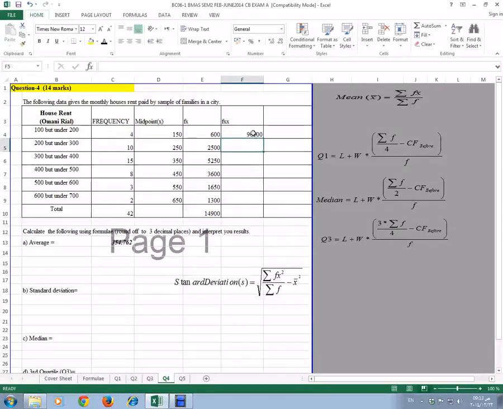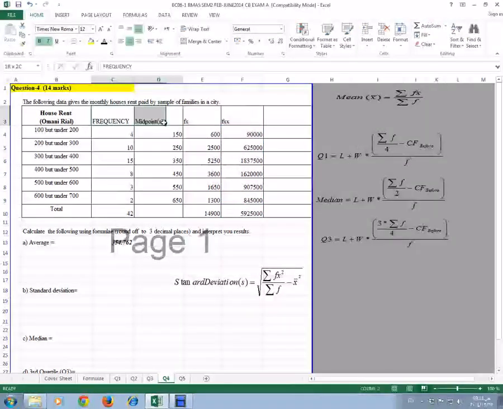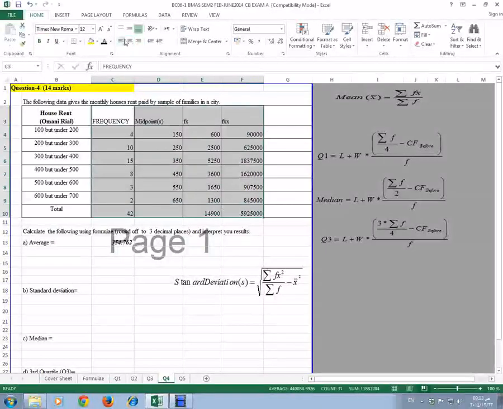Now we have fx square, and then we drag this one down, the same, find the total, press enter.